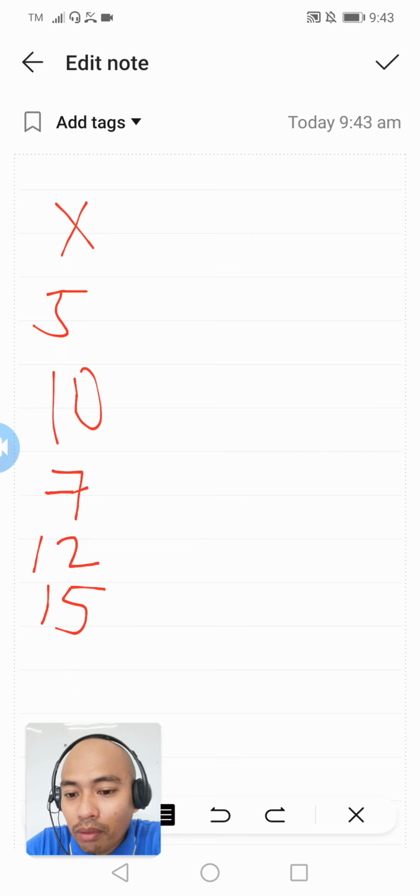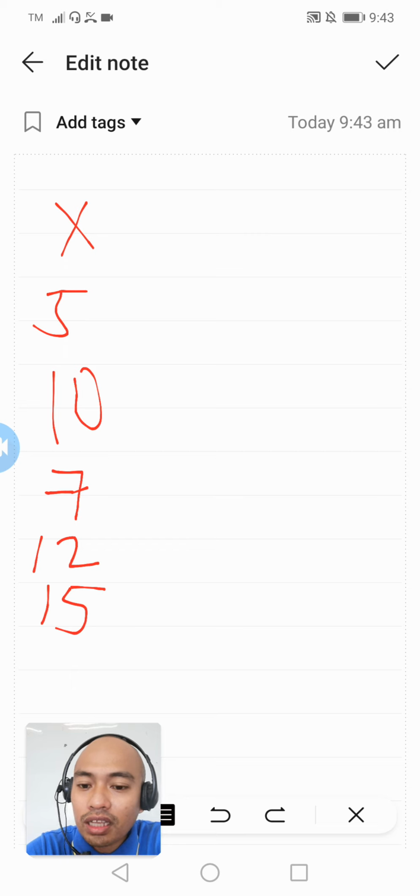So ito yung kanyang mga scores when he took the quizzes of the teachers for these 5 subjects. Take note, x now will represent the subjects, the scores of the student in the 5 subjects that he was enrolled in a particular term or semester.